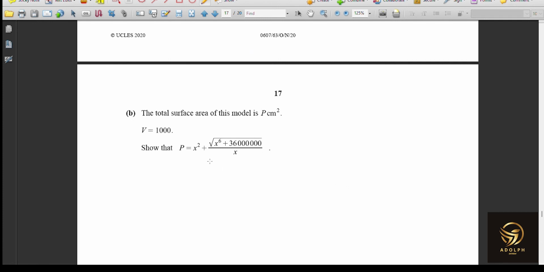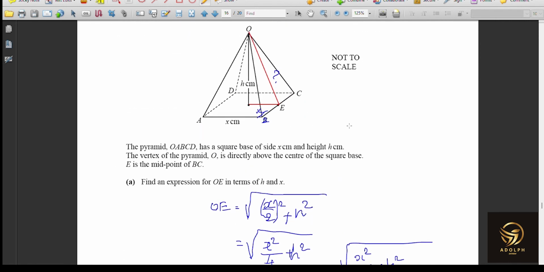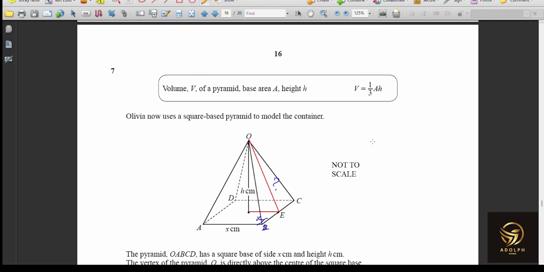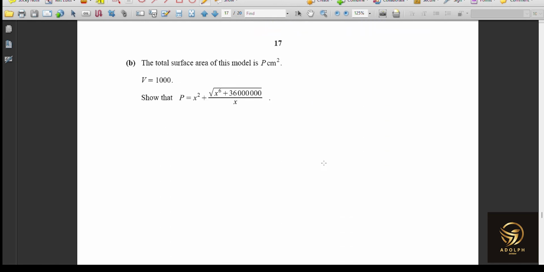So the next subdivision is about the total surface area of this model, which is p centimeters squared. This model has one square base and 4 triangular faces, and they gave the volume formula also. So volume is 1 by 3 A h. V is given, so 1000 equals 1 by 3 A h, where A is the base area, which is x squared because that base is a square.